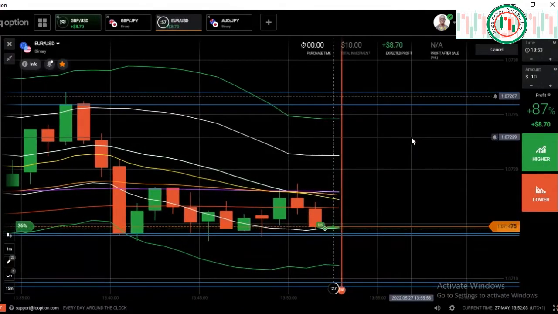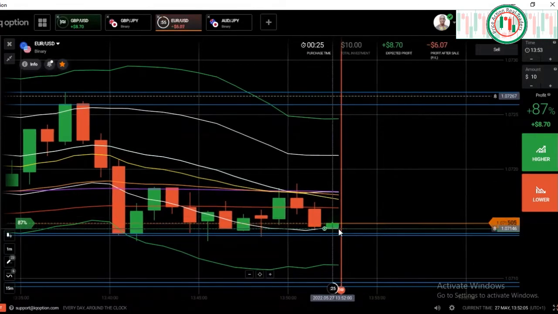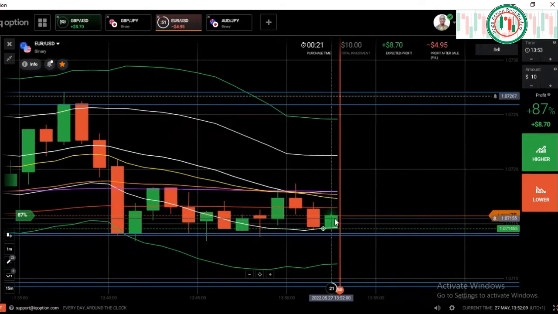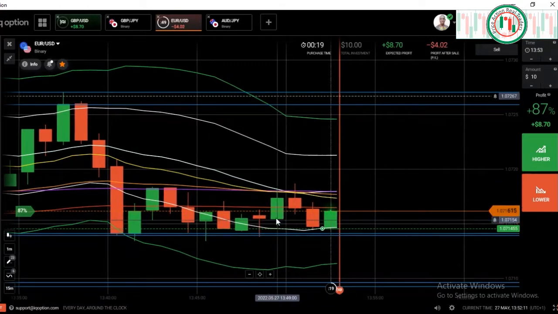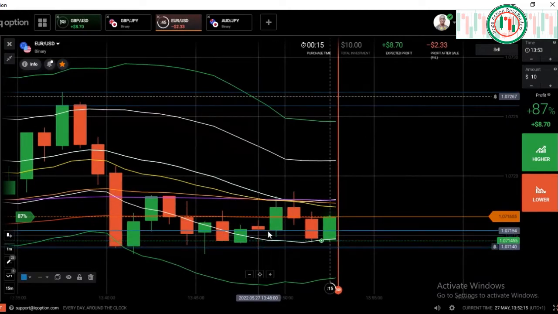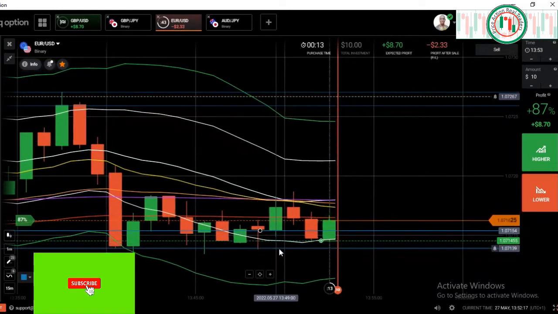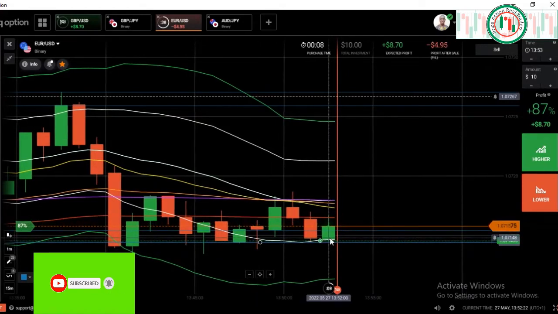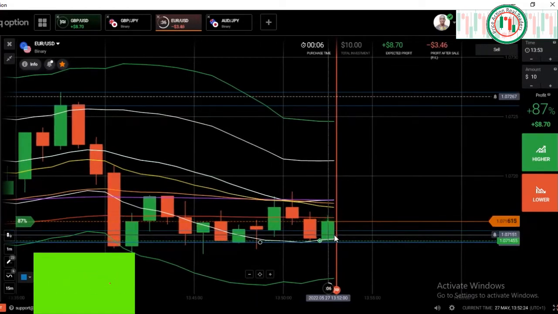Yes, I'll place a call option here. I place my trade, call option, here because of this engulfing. So I know definitely the market must reverse here. You see engulfing. The whole area here is the zone. So I know definitely the market must reverse here.